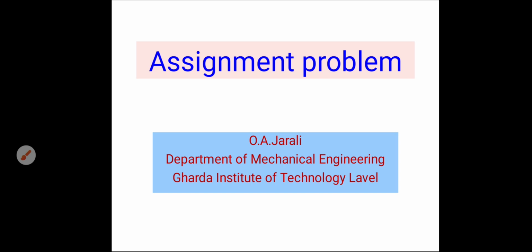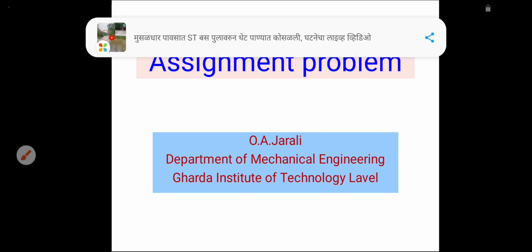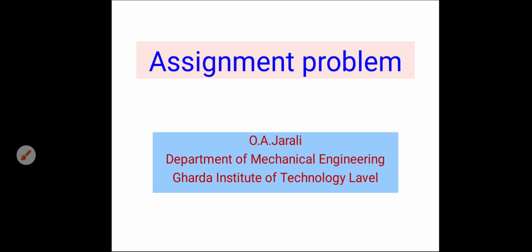Since the Hungarian method of solution requires a square matrix, fictitious facilities or jobs may be added and zero cost be assigned to the corresponding cells of the matrix. These cells are then treated the same way as the real cost cells during the solution procedure. So today we'll see such problems of non-square matrix.